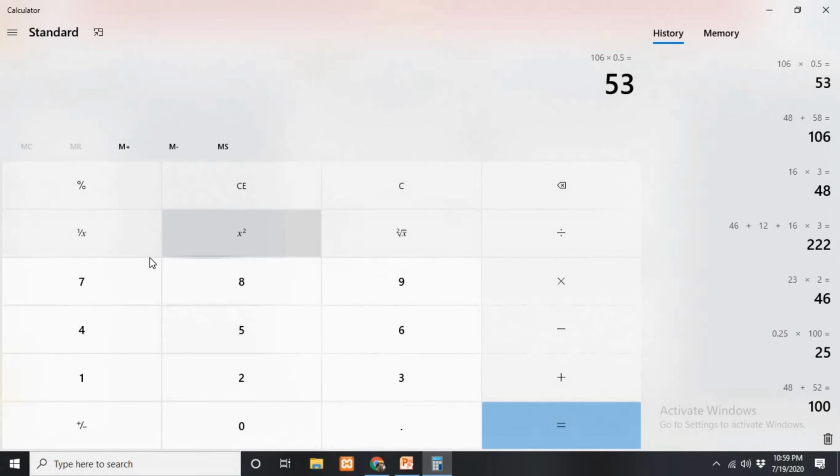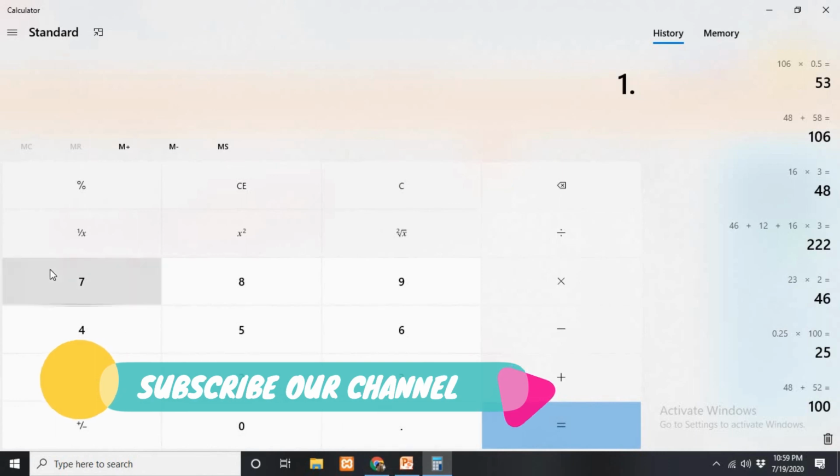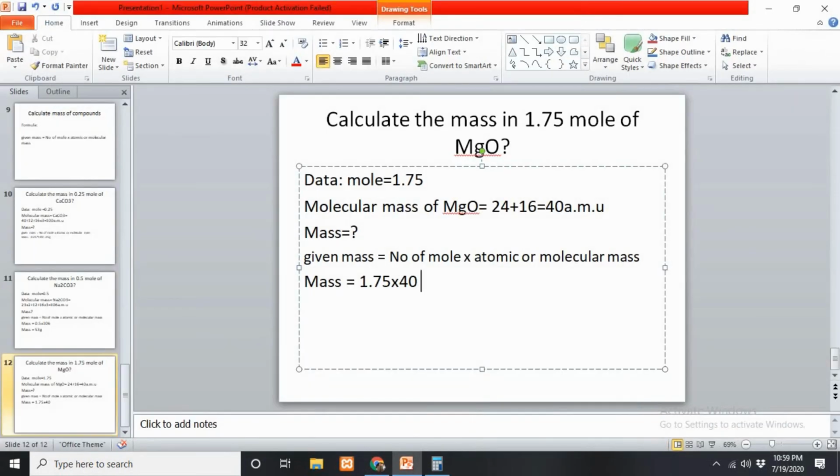Just go on to the calculator, erase the previous readings and multiply 1.75 with 40. The answer will be 70. So 70 gram is our answer for 1.75 mole of magnesium oxide. Hope you understand the concept of how to calculate the mass of any compound.